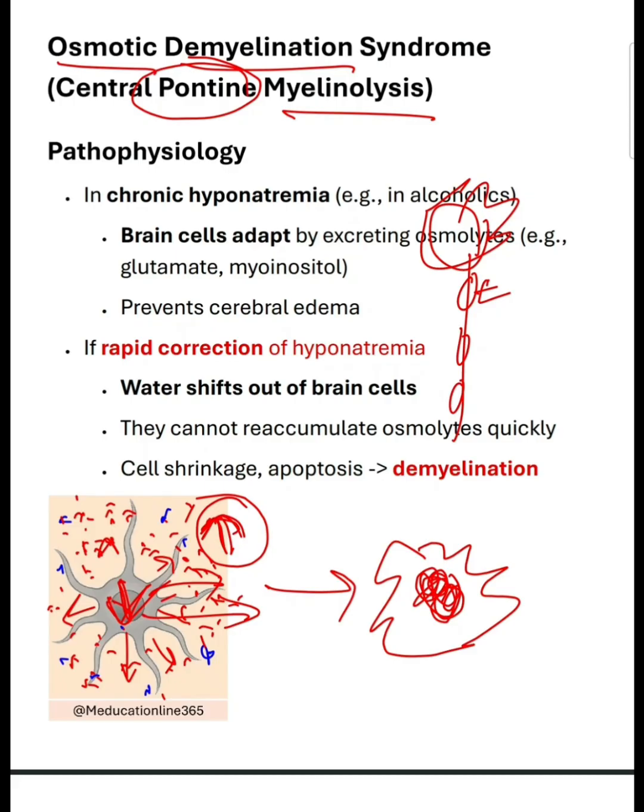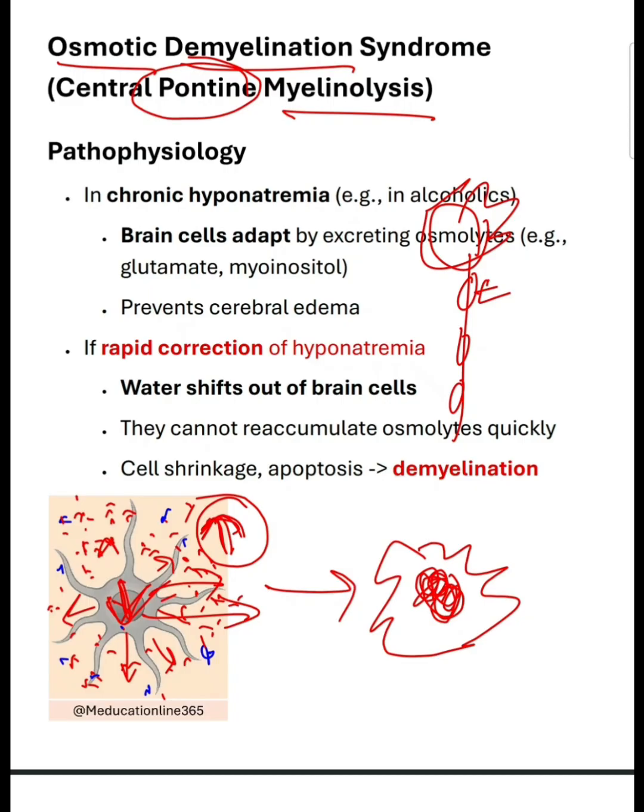Because the neurons are having problems, shrinking, and the oligodendrocytes are also having problems, there will be dissociation in this interaction.